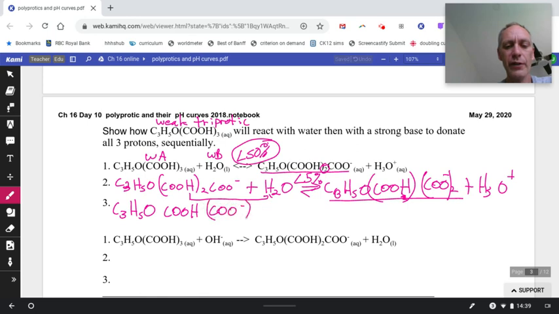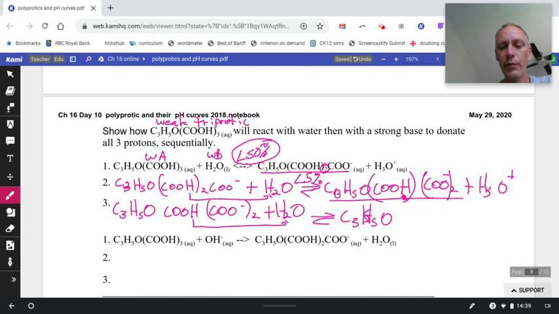Plus water donates that last proton to make C3H5O(COO minus)3. There's now 3 of those that have lost their protons, and a hydronium. And if that's less than 5, this is less than 1%. Okay, so there's our pattern. Less than 50, less than 5, less than 1.